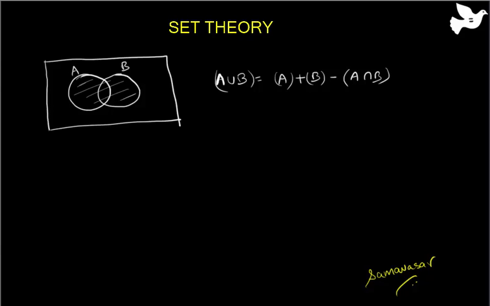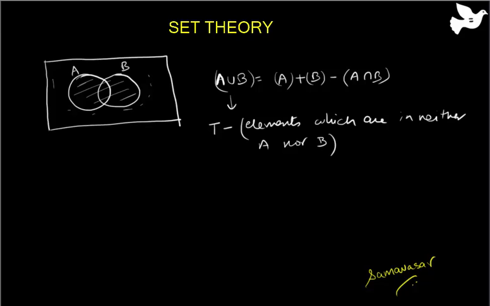They belong to either A or B or both, but basically they are not part of this outside region. So this can also be written as the total set minus elements which are in neither A nor B. This is just for your understanding. I'm trying to tell you what A union B means. A union B means all the elements which are either in A or B or both.